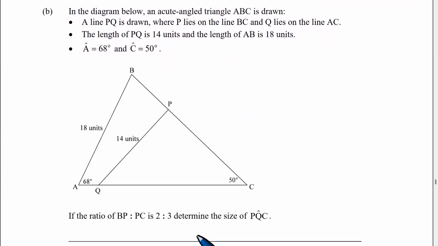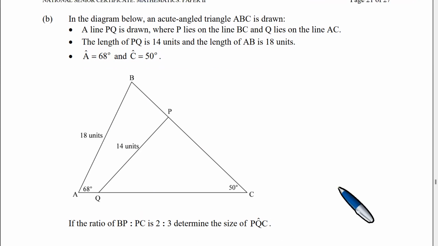Okay, I gave you this one as homework. In the diagram below, an acute angle triangle ABC is drawn, and a line PQ is drawn, where P lies on the line BC and Q lies on AC.